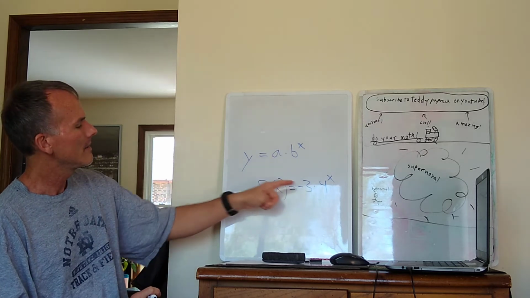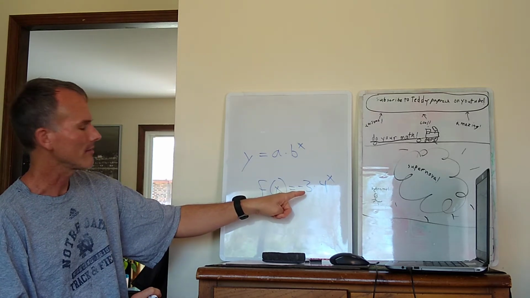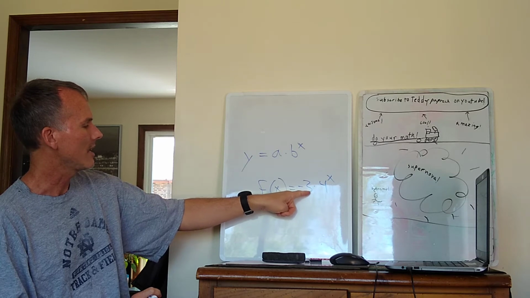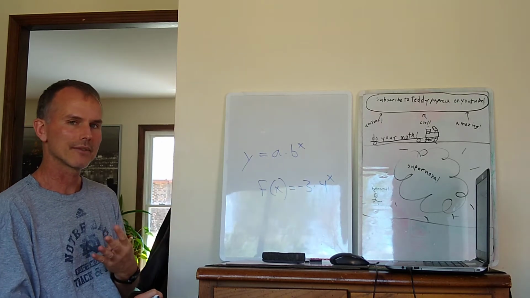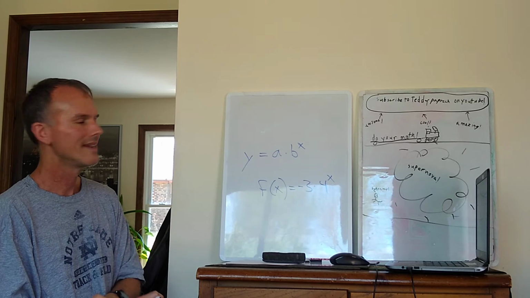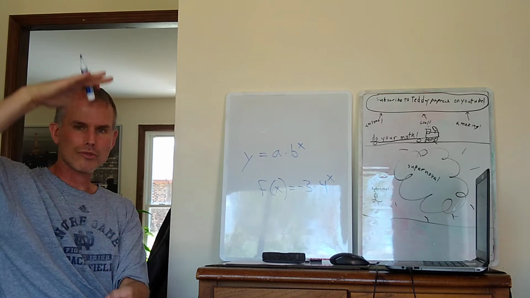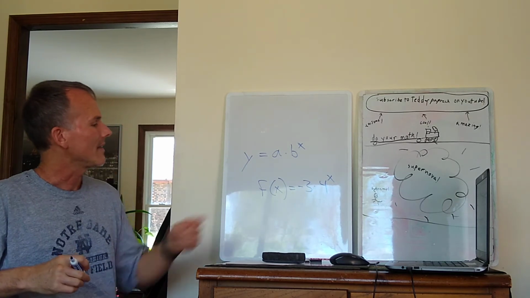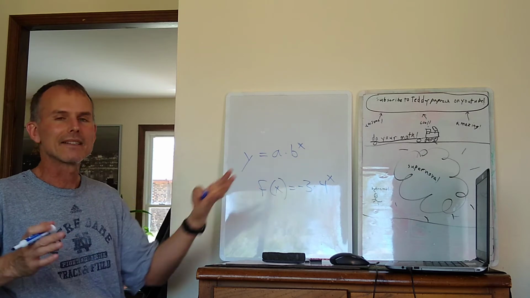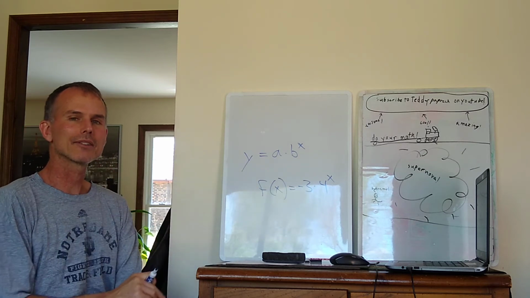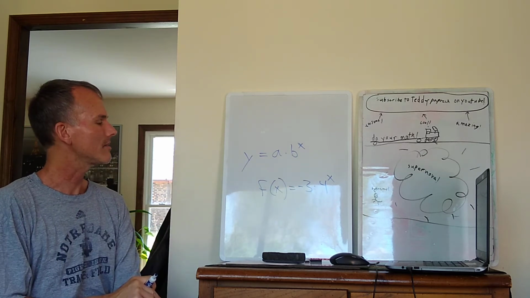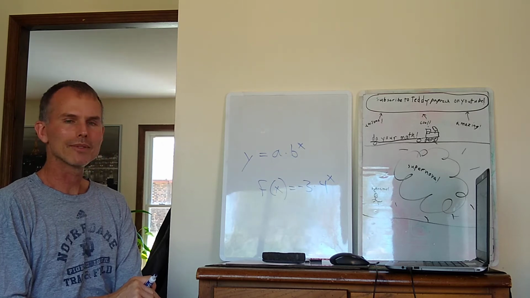And then the negative 3 in front of it does several things. Number one, since the absolute value of negative 3 is greater than 1, the curve will be stretched vertically. And then the fact that a is negative will reflect that entire curve across the x-axis. So that's what that would do.